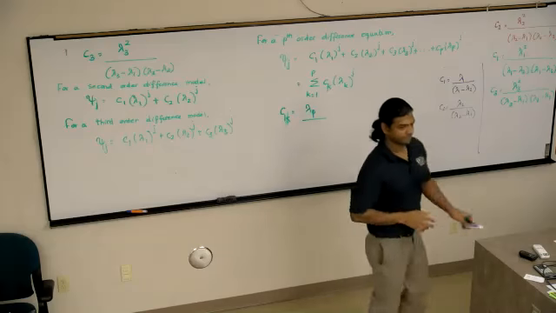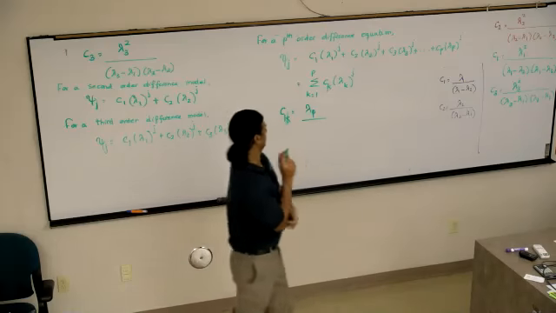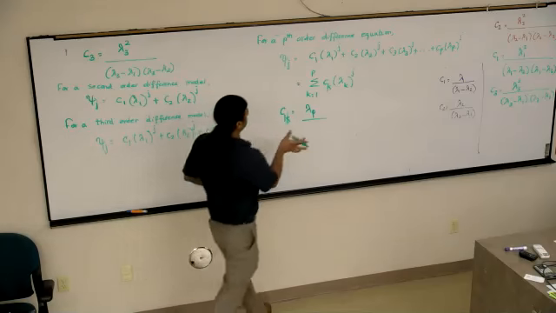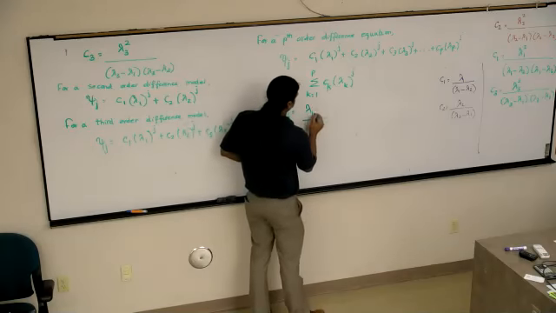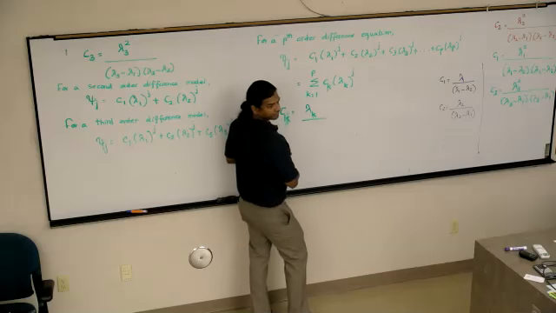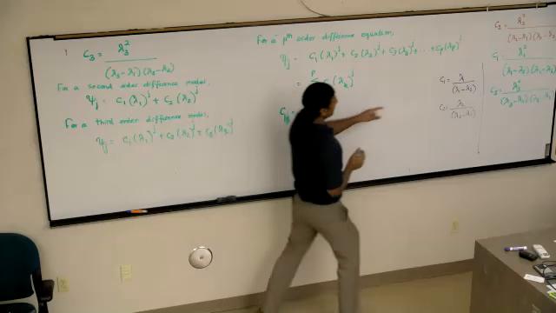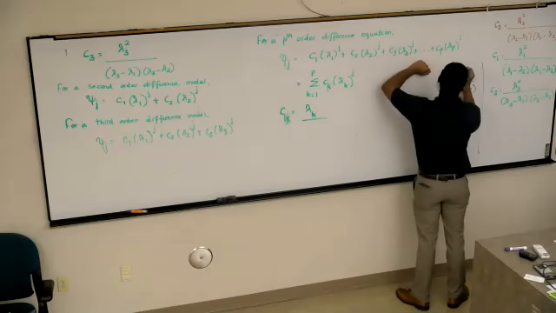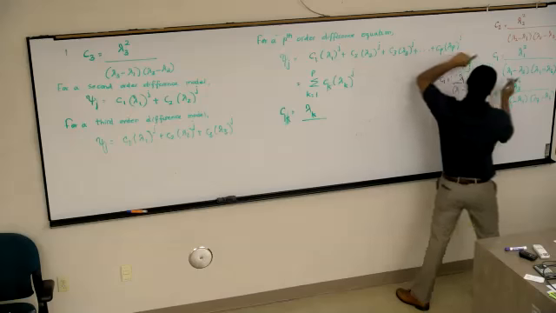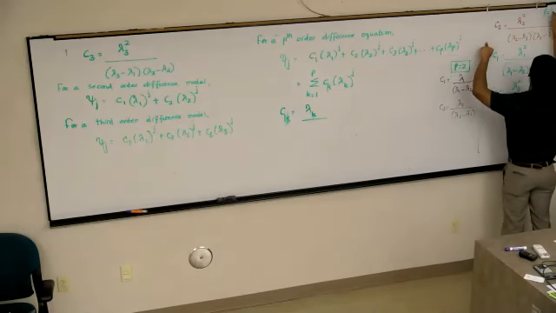Would it be lambda K raised to K minus 1, or P minus 1? The order here is P equals 2, there P equals 3.